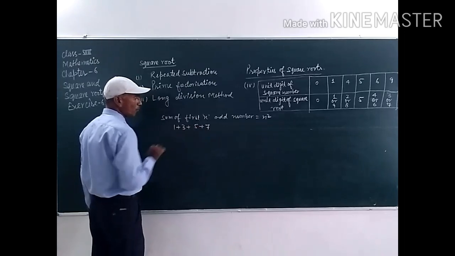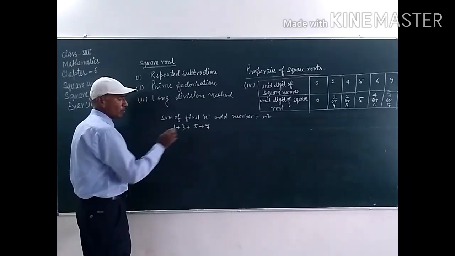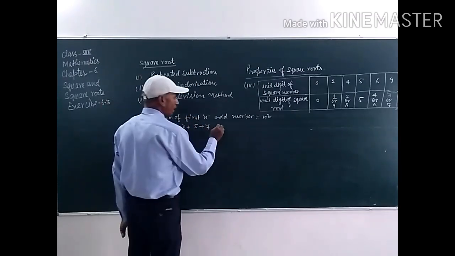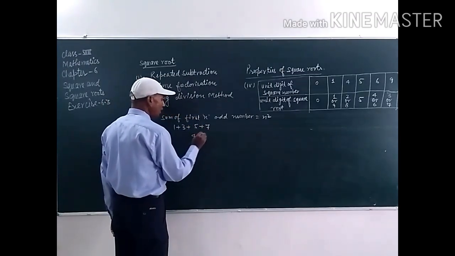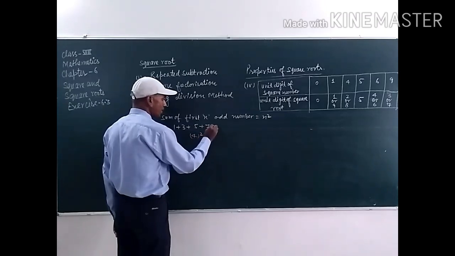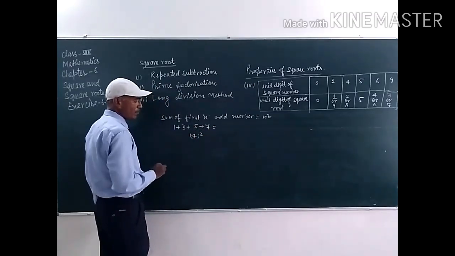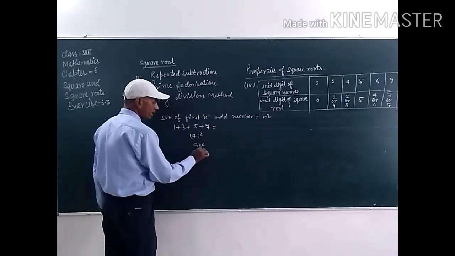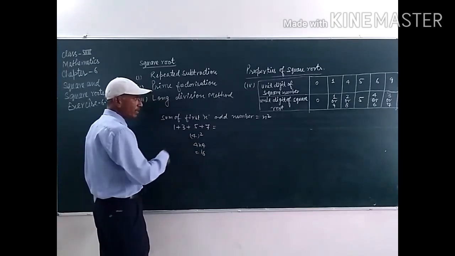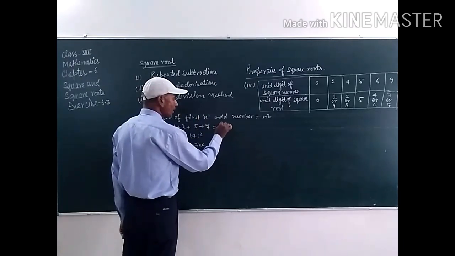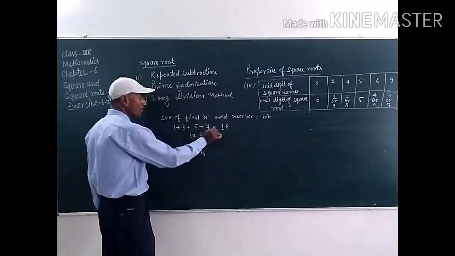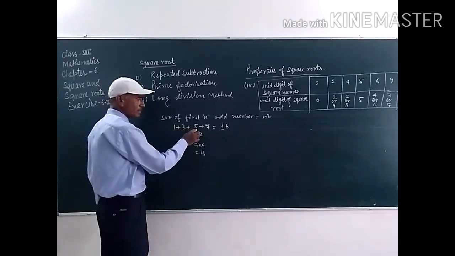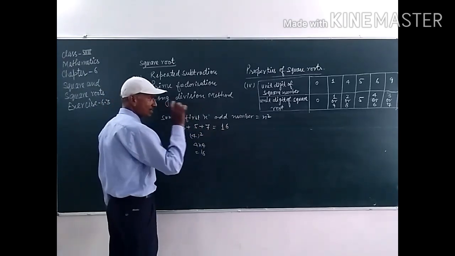There are 4 numbers, student, starting from 1, and these are odd numbers, so the sum will be 4 square, that is 4 into 4, which is 16. 1 plus 3 is 4, 4 plus 5 is 9, 9 plus 7 is 16.